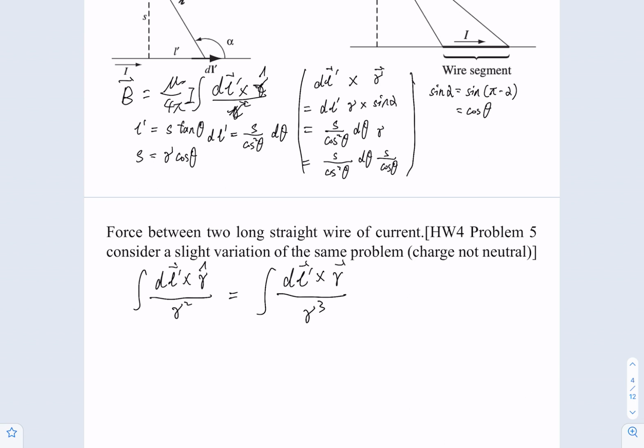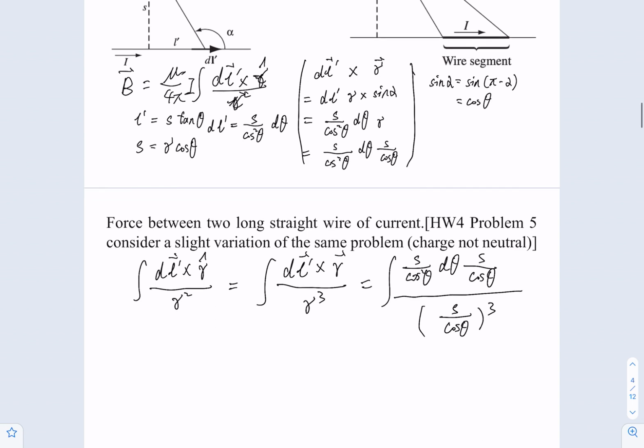Now inside the integral, we should be able to write the top as s over cosine theta squared d theta, times s over cosine theta, divided by curly r, which is s over cosine theta, cubed.